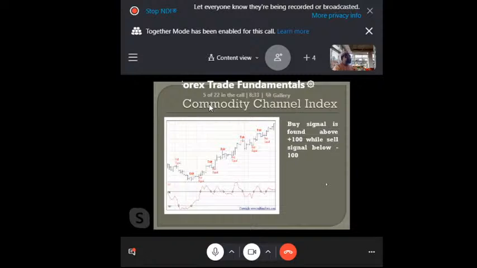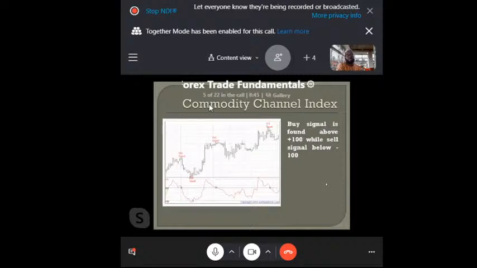As simple as that. Buy signal is found above plus 100, while sell signal is found below minus 100.